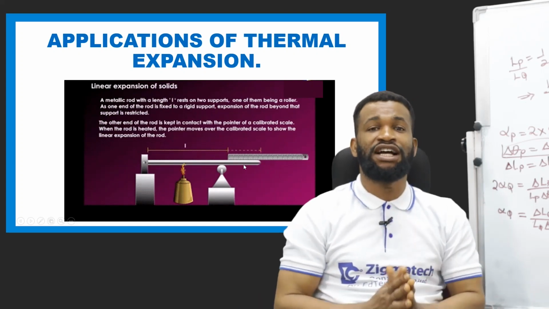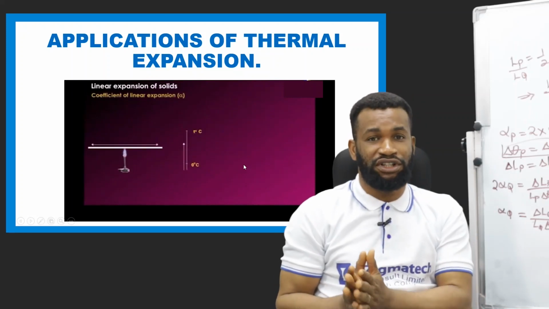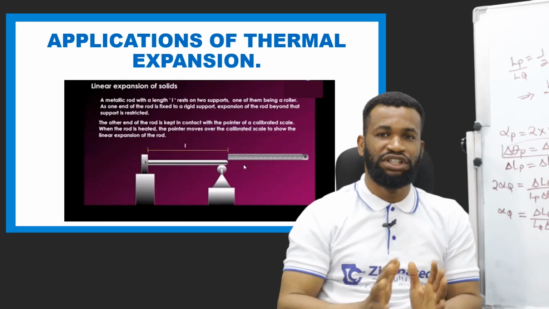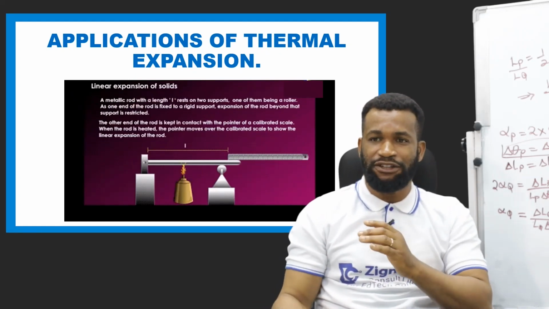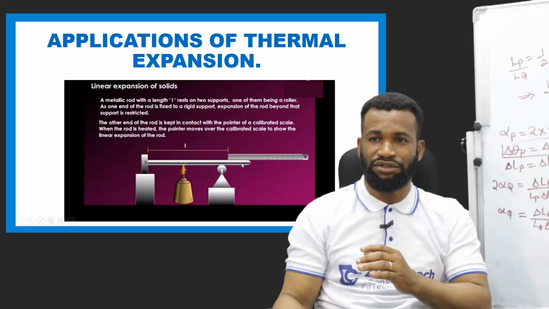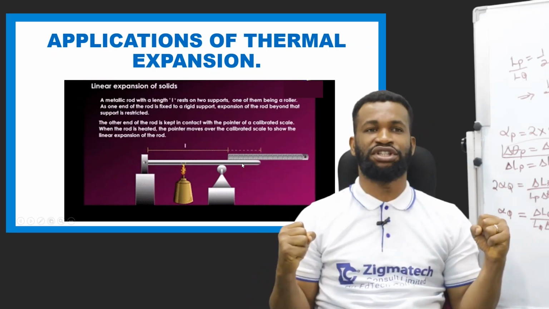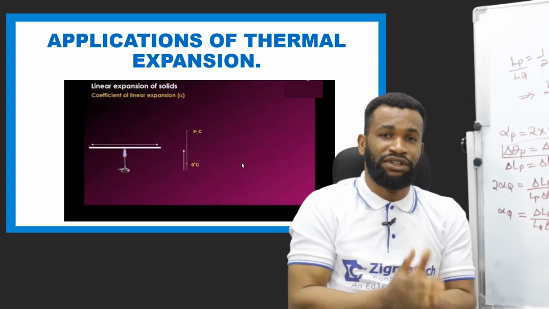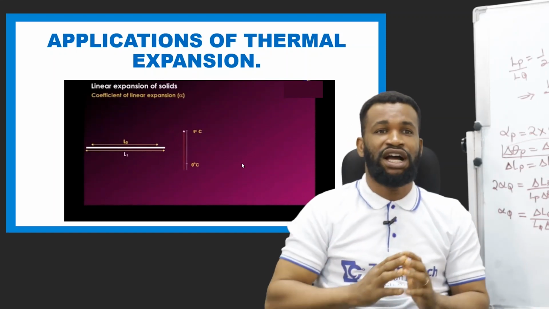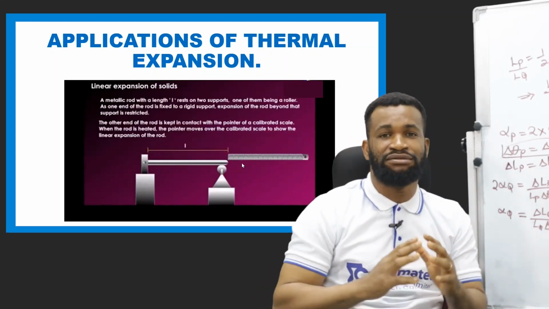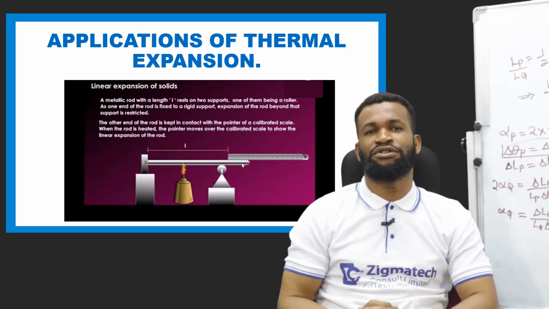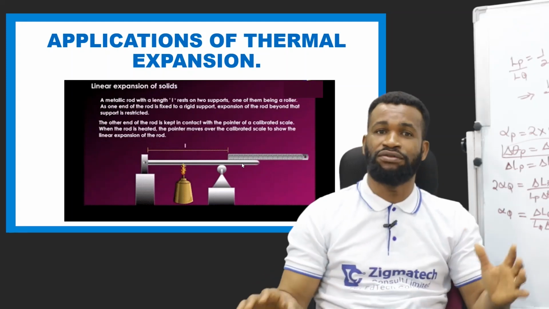So if the engineers or the construction company refuse to give that gap in the bridge, what will happen is that during this expansion, it will break the bridge, and then we say that the bridge has collapsed. One of the reasons for the collapse of buildings, bridges and so many other things is the negligence of some of the engineers, though not all of them.